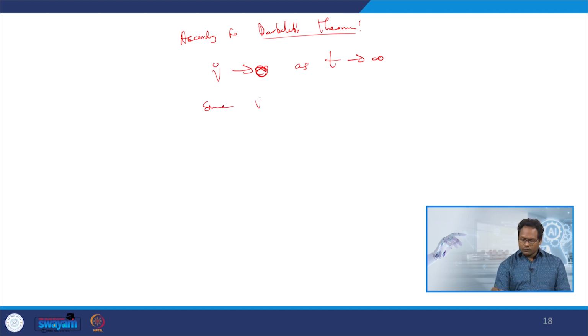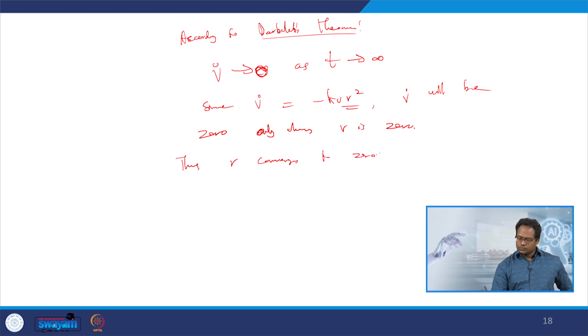Since V dot equal to minus kV r square in our case, V dot will be 0 only when r is 0. Okay. So, this is the situation. Thus, we can say that r converges to 0 with time.